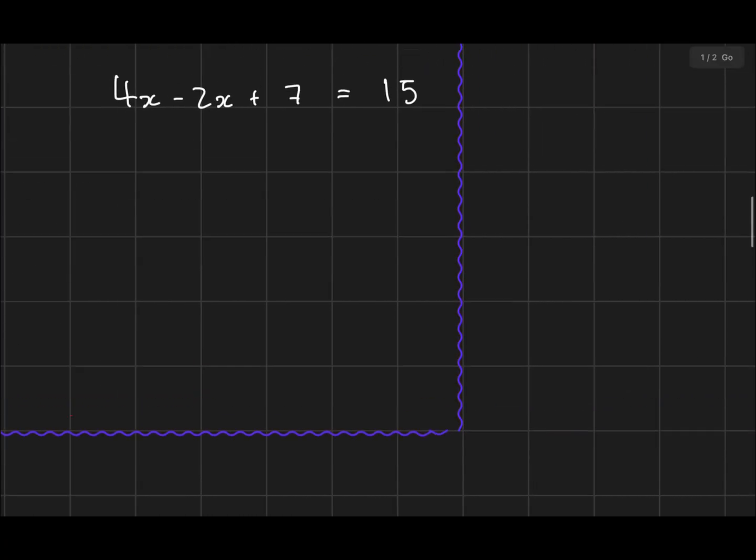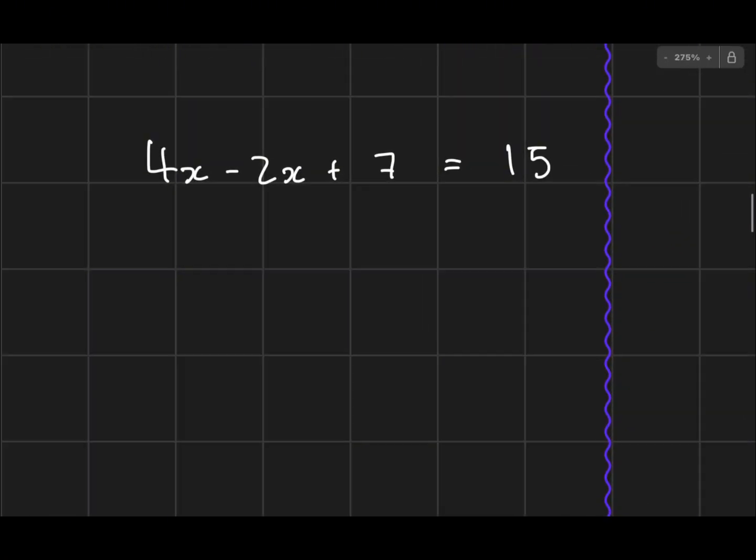Here's another one, a little bit more complicated. 4x minus 2x plus 7 is equal to 15. Here, what we should do is simplify this and subtract them, keep the x's the same, and subtract the coefficients to get 2x plus 7 equals 15. And then we need to do this first, because we're really following reverse BEDMAS when we do this.